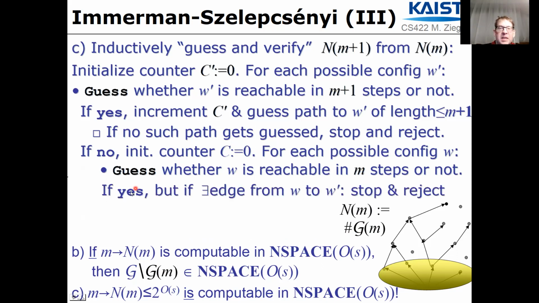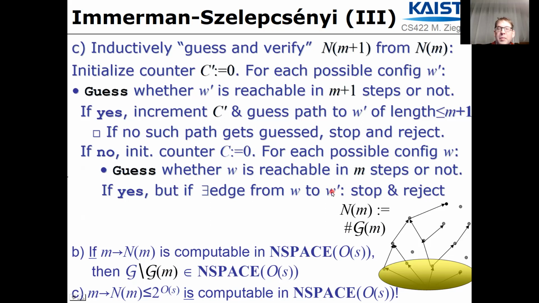And if the guess says yes, it is reachable, we're going to verify that. But now the verification will not start from scratch from the start configuration. When the guess says yes, it is reachable within m steps, then we're going to check whether there exists an edge from this vertex W that we just guessed to be reachable within m steps to the new vertex W prime, which we're considering here.